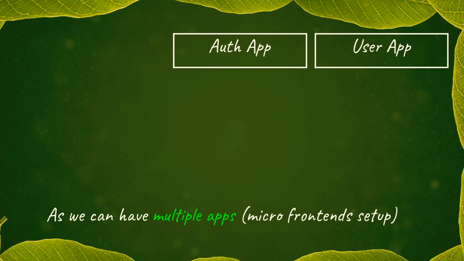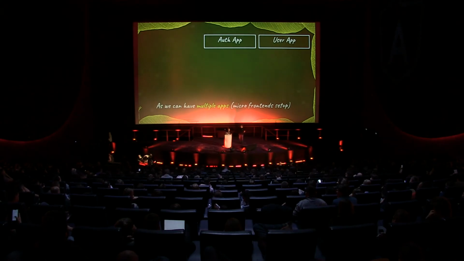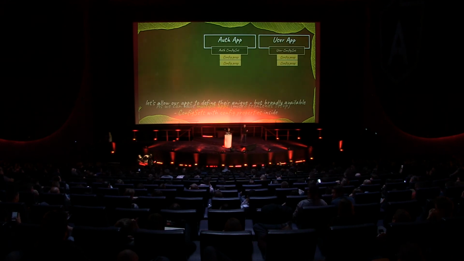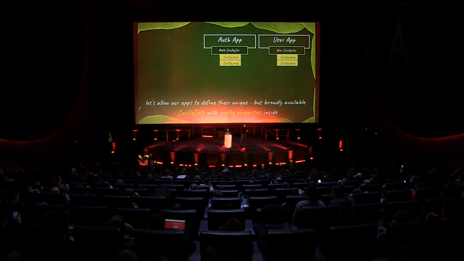So first, some concepts. If we have multiple apps, like the micro frontend setup that you see here, of course, you can have many of those apps. So we allow each app to define its unique, but what's important, broadly available config set. So a package of config properties related to this application.